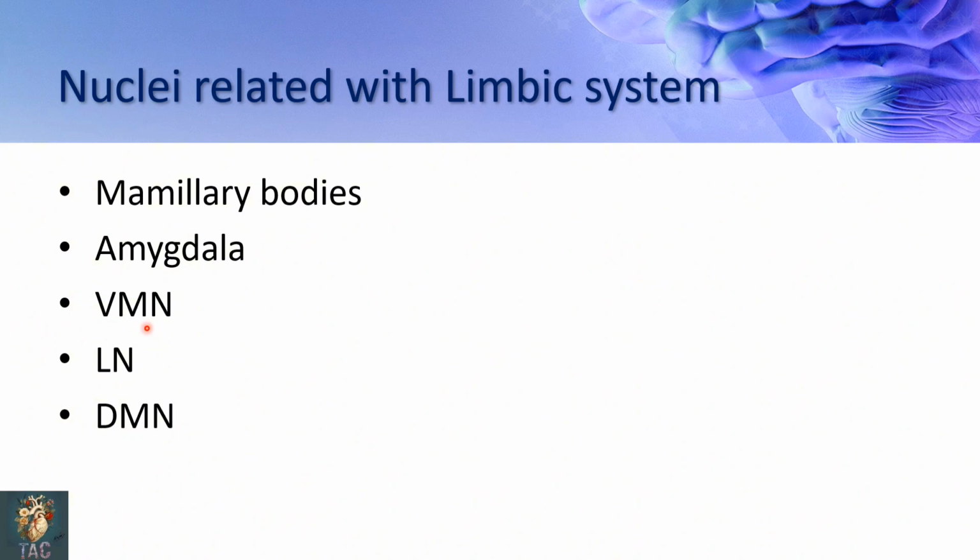Whenever there is increased fat storage or hyperglycemia, this stimulates the ventromedial nucleus, leading to satiety and a decrease in hunger. The lateral nucleus is related with hunger, and whenever there is a decrease in the blood glucose level, this nucleus will be stimulated, and it will lead to the feeling of hunger.